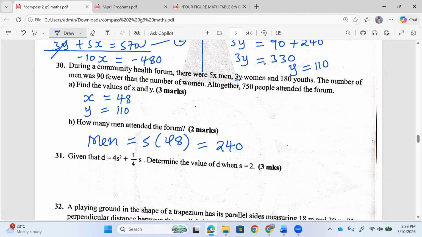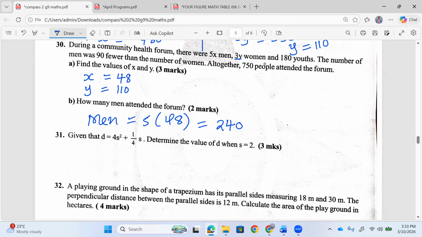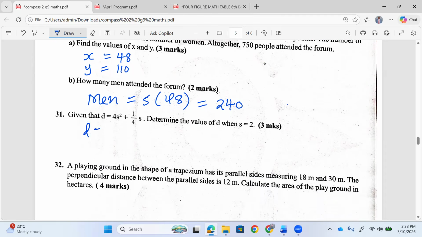We can now focus on number 31. Now, given that D equals 4S squared plus a quarter S, determine the value of D when the value of S equals 2. So how do we get the value of D? 4 into S squared plus a quarter into S, which is 2.